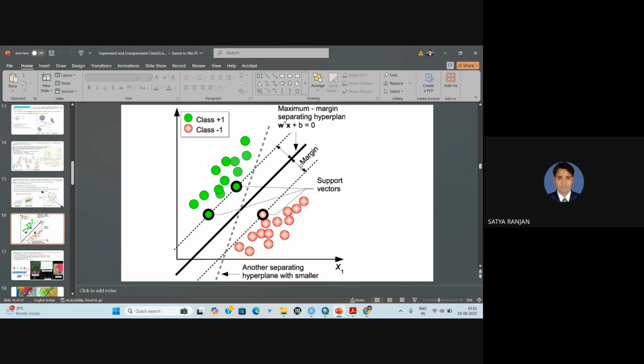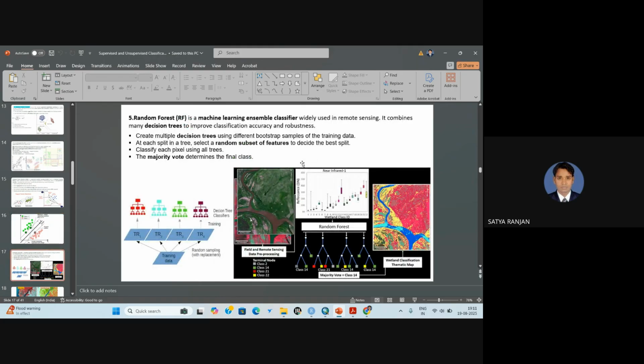So based on the margin value, some of the inputs are included or excluded from the classes.